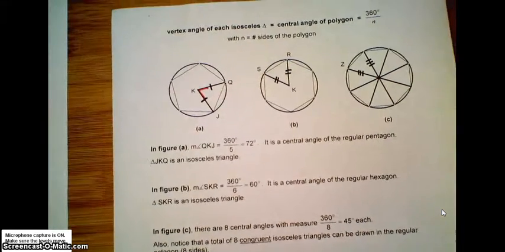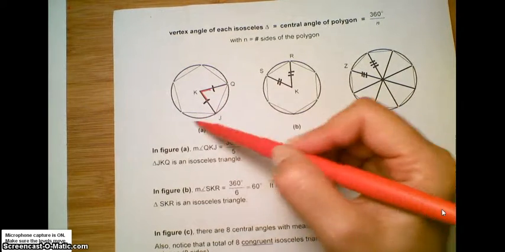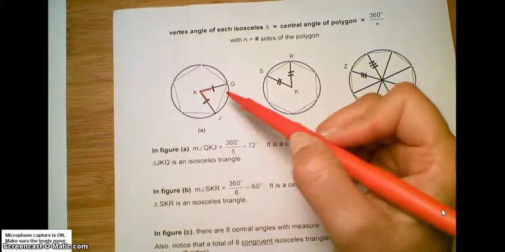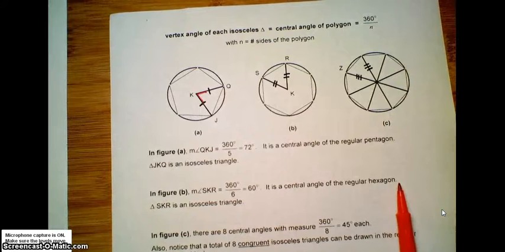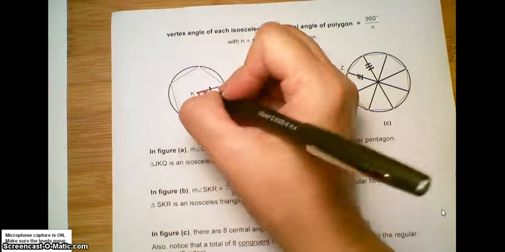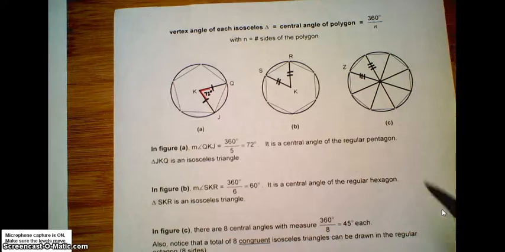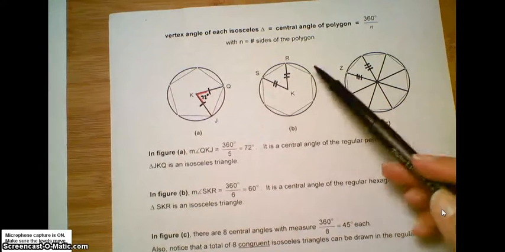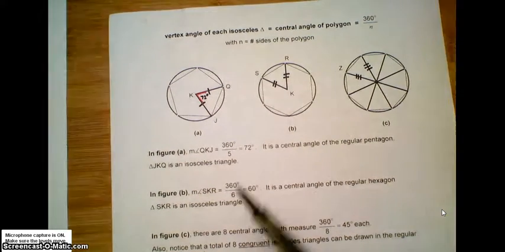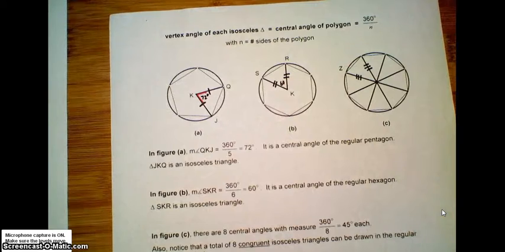That's important to us because with isosceles triangles, I can drop altitudes that will bisect this vertex angle. In this first picture, there were 5 sides. So each of our central angles is found by doing 360 divided by 5, which is 72 degrees. In the second picture, it's a hexagon, so the central angle is 360 divided by 6, which is 60 degrees.